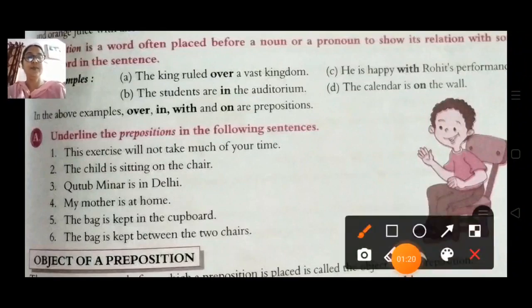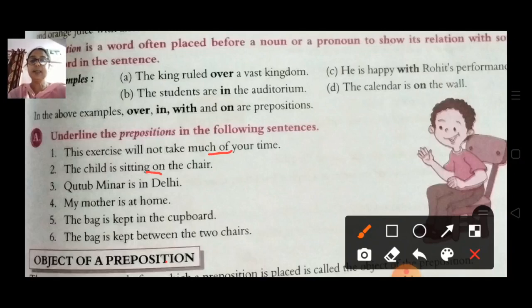Now the second one. The child is sitting on the chair. So where is the child sitting? The child is sitting on the chair. So on over here is a preposition.